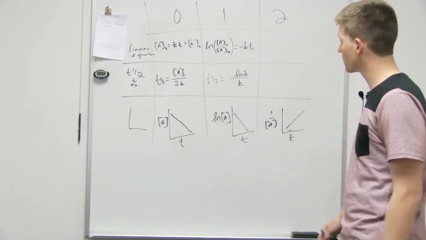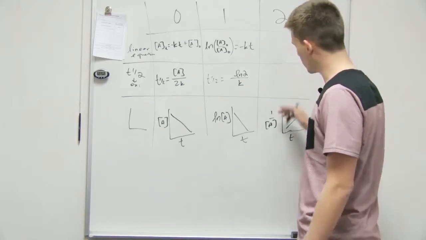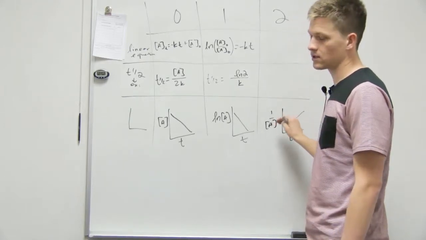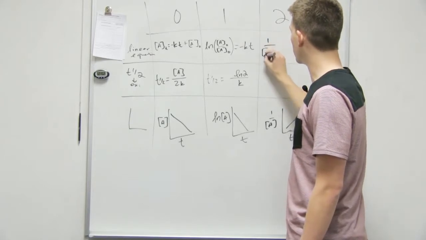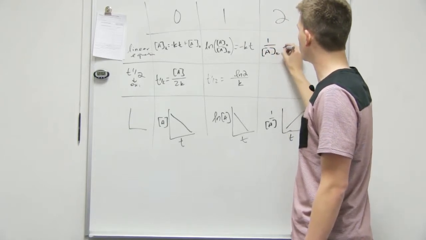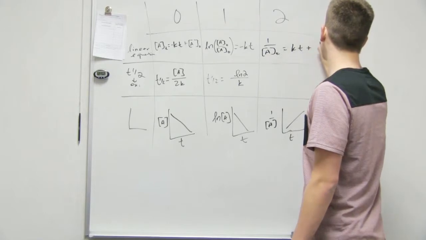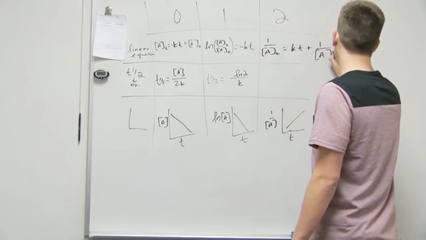Side note, let's look at this. We know we're dealing with A in the denominator, so 1 over A at time t equals kt plus 1 over A initial.